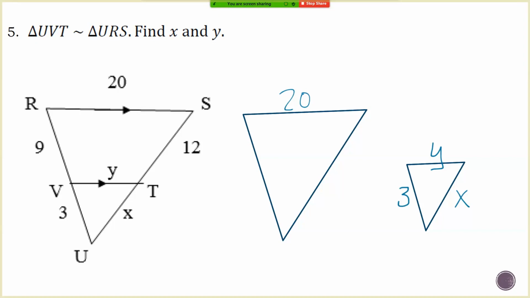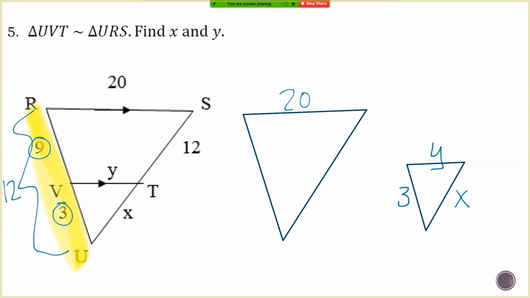Be careful when you go to label the big triangle. The left side's a little bit easier. Left side, if I want to find the entire length from R all the way to U, I have to add the two pieces together. So the whole left side is 9 plus 3, which is 12.